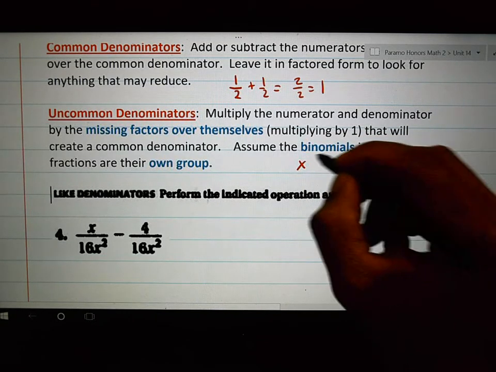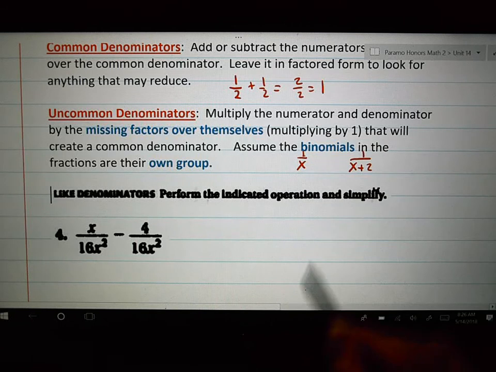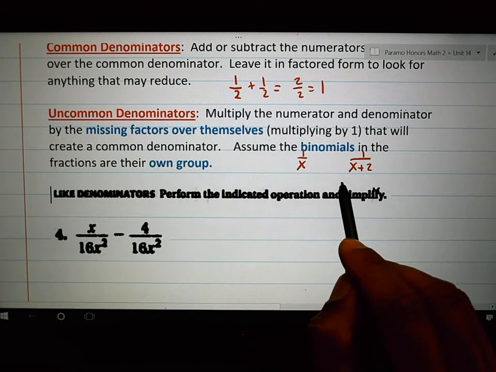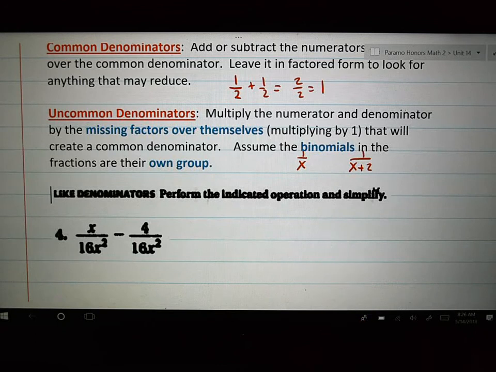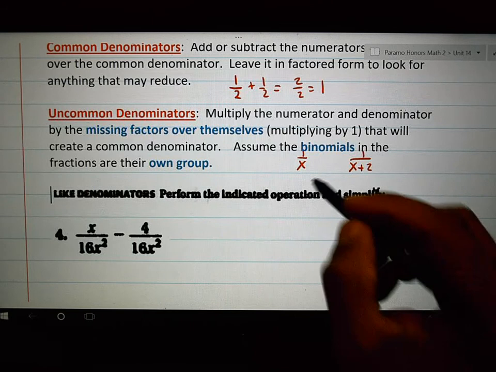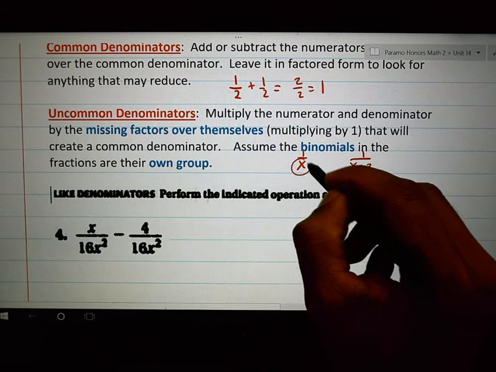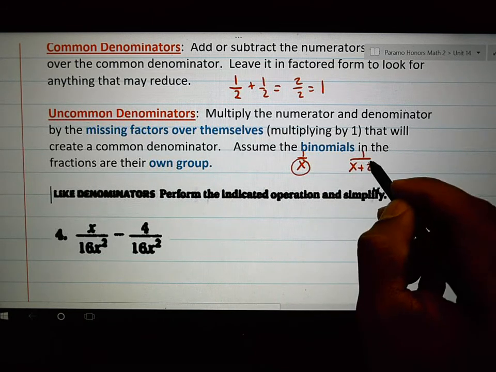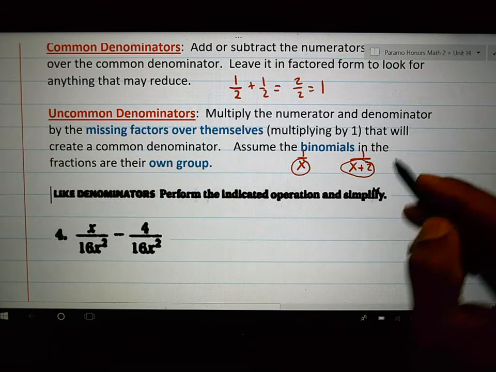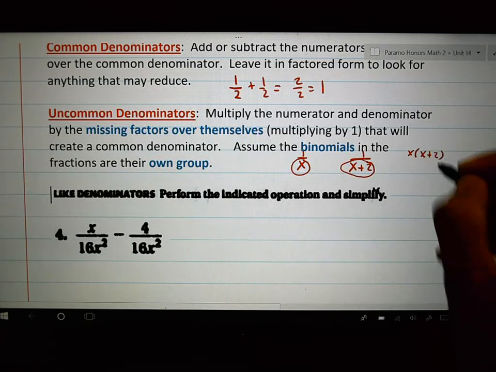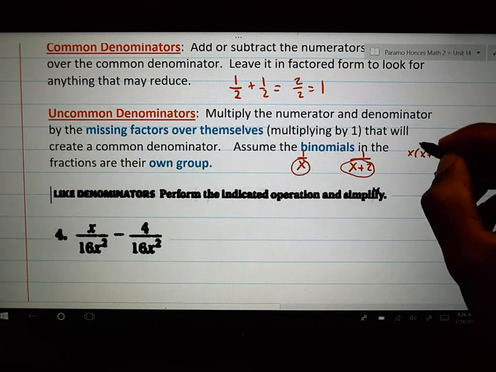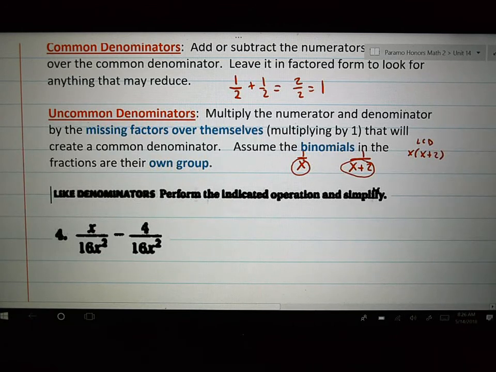Let's just say I was looking at these two things. Your common denominator is not x plus 2. Your common denominator is not just x. It is whatever this group is, an x by itself, and whatever this group is. The common denominator would be x times x plus 2. I'm just going to put that this is your LCD right there for now.